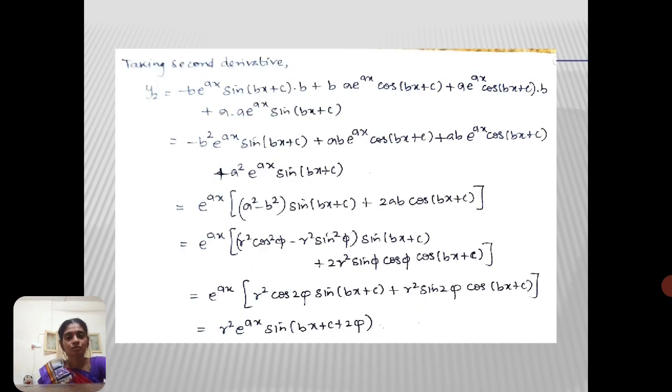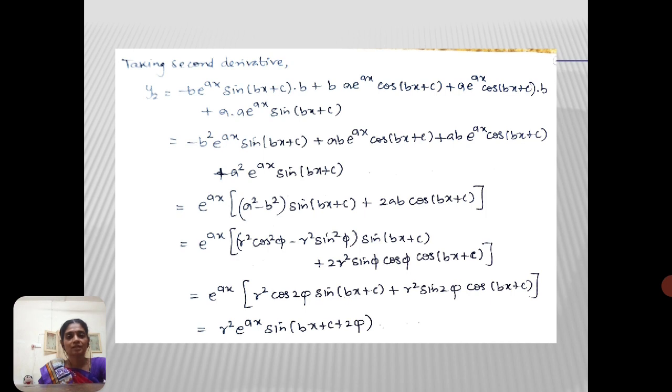Now we proceed to second derivative. y2 will be minus b e^(ax) sin(bx+c) into b plus b e^(ax) cos(bx+c) plus a e^(ax) cos(bx+c) into b plus a into a e^(ax) sin(bx+c).